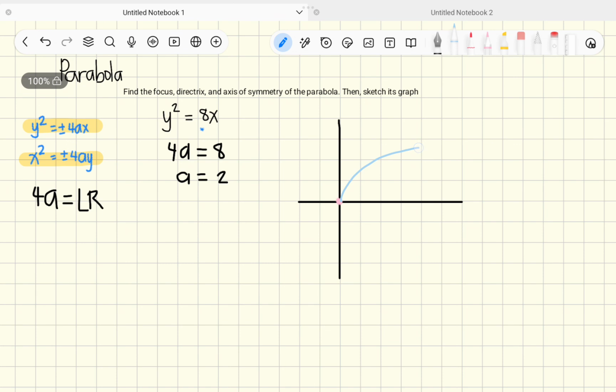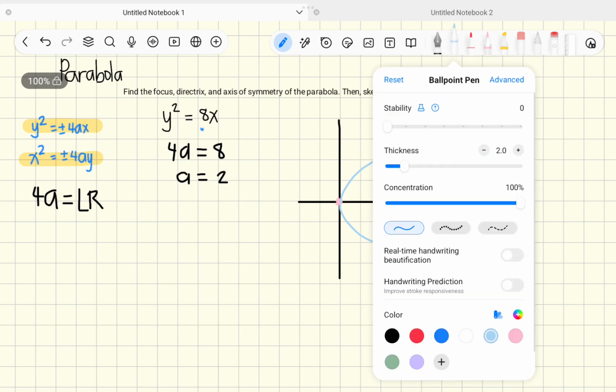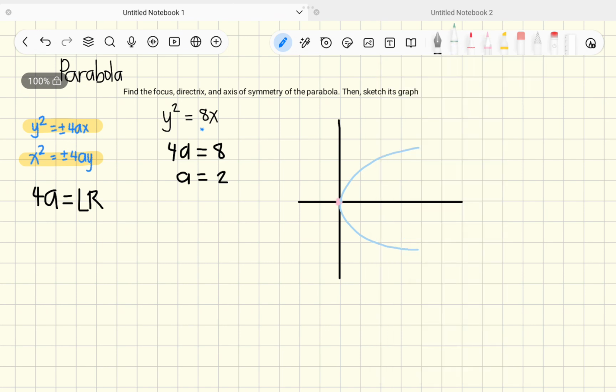The distance, the parameter, or some references would also call it the focal distance, is 2 units. So supposing this is 2 units away from the vertex, what do you think will be the coordinates of this point?